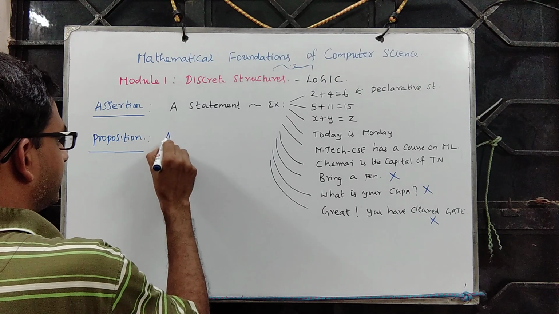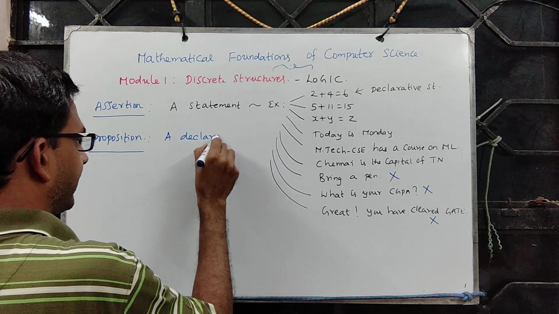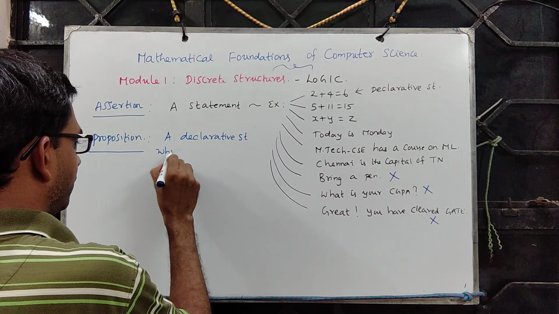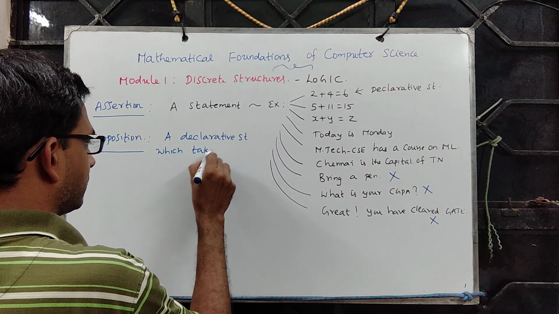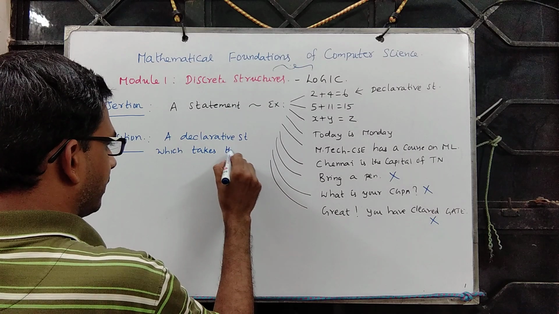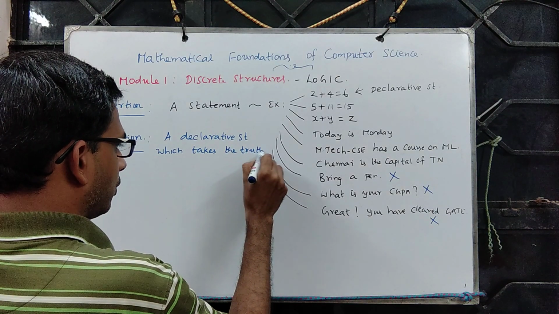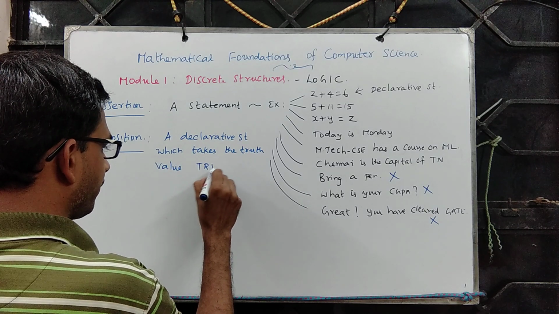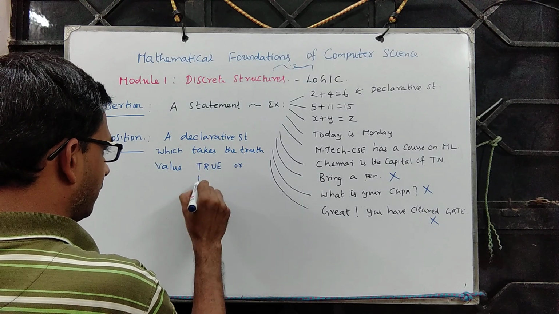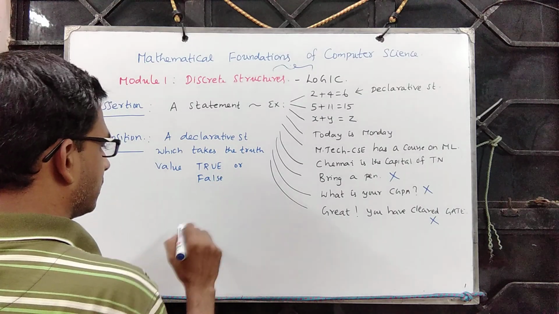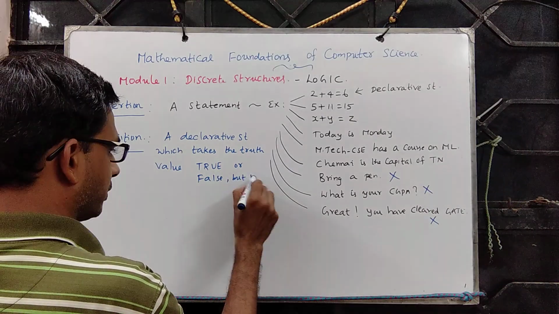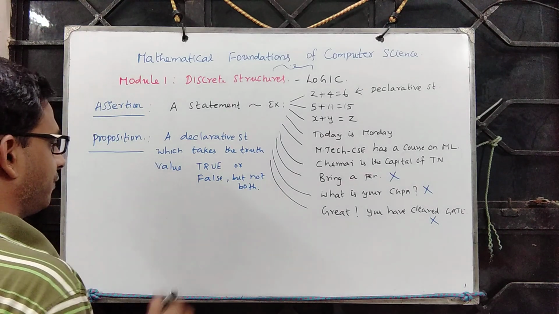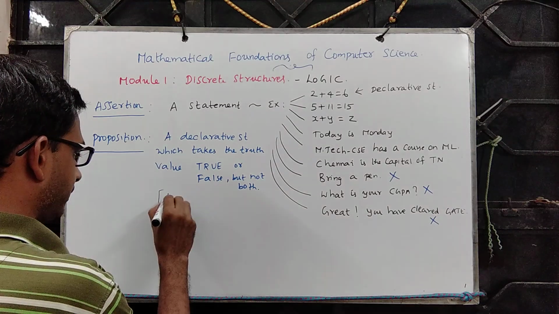So a proposition is a declarative statement which takes the truth value true or false but not both, which means either true or false. It cannot be both.